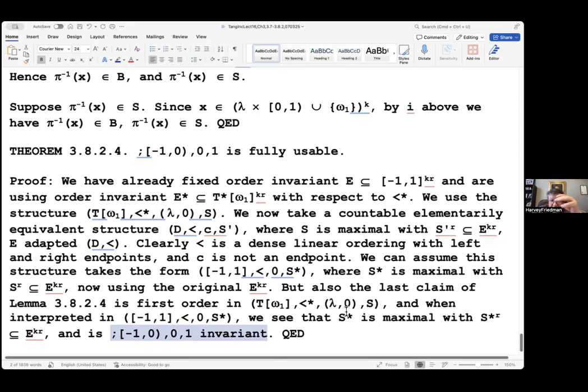where we did an elementary substructure construction, and we proved that we actually could get maximality.